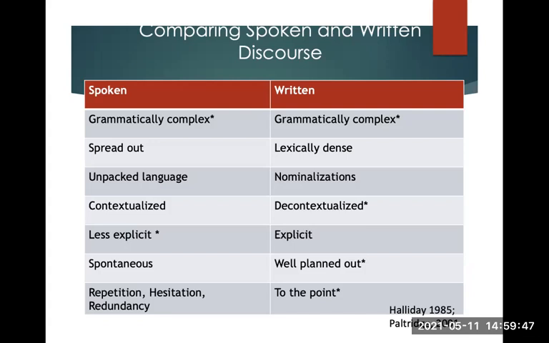Nominalization is basically a form of grammatical metaphor. Basically, what you're doing is taking a verb or a verb phrase and making it into a noun. So, for example, the first one that comes to mind is the word pronounce. You may say, how do you pronounce this word? The word pronounce is a verb, and then it can be made into a noun.